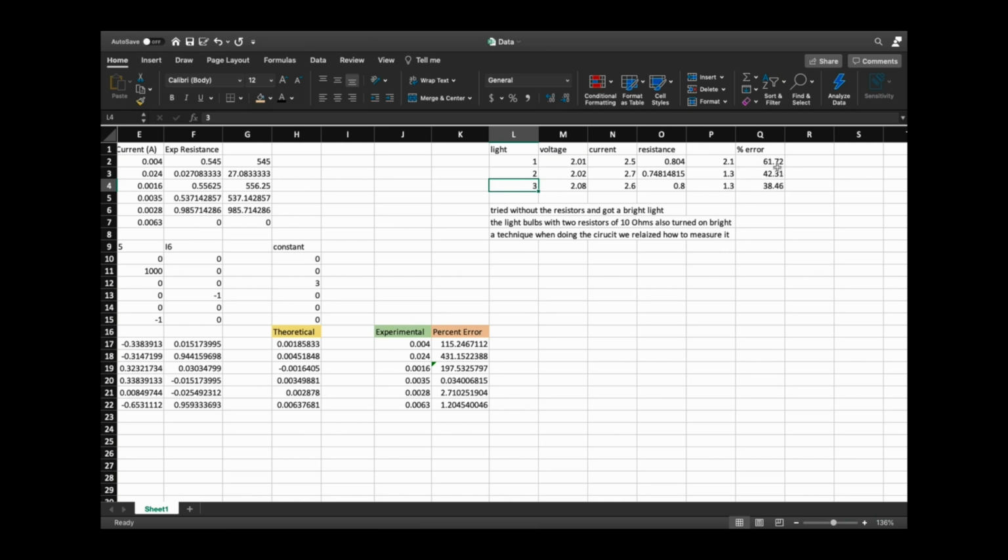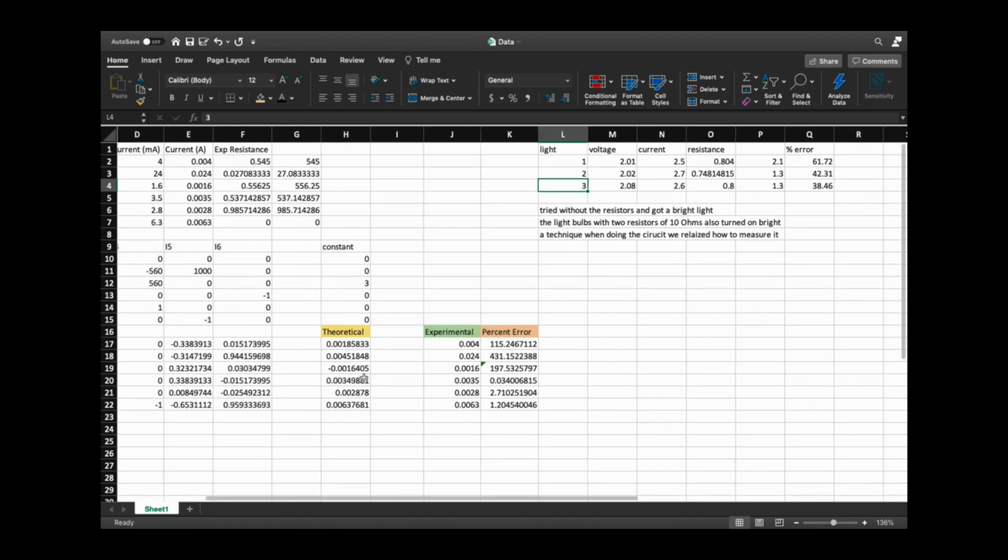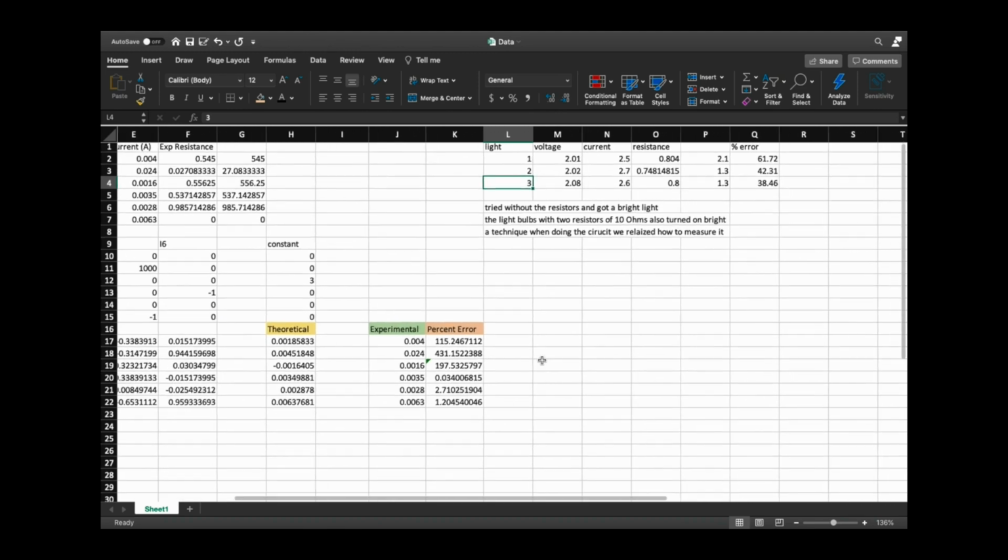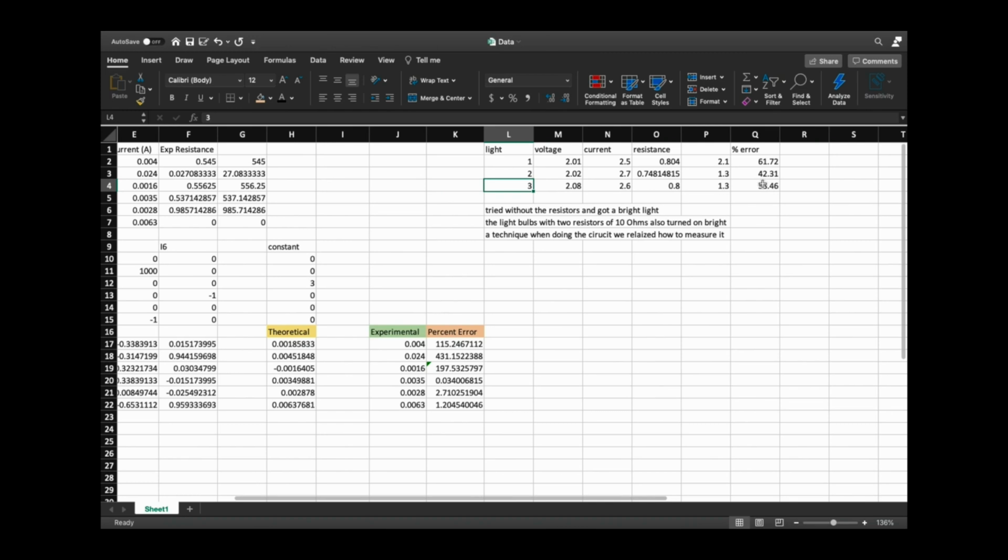And then we ended up with a set of percent errors for that one. Those weren't as high or super low compared to the percent errors from the first one down here, but this is what we also end up with.